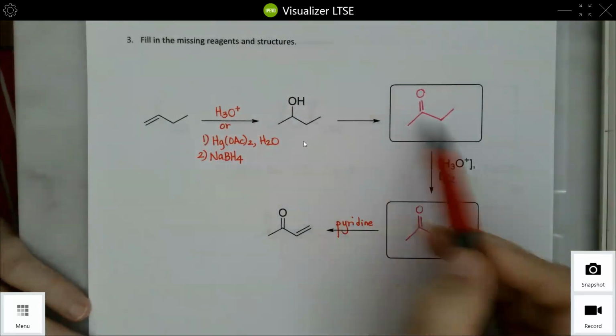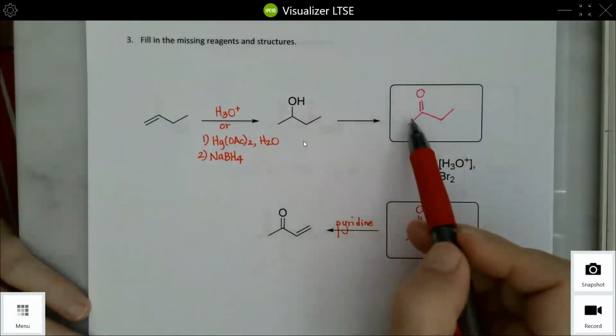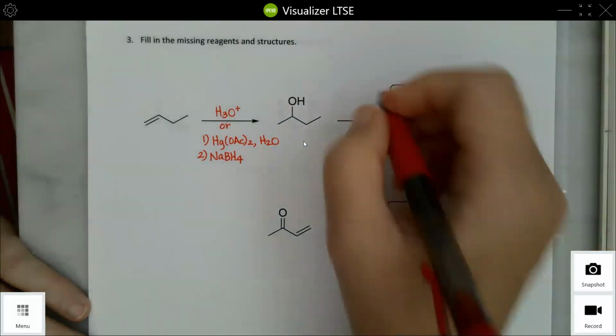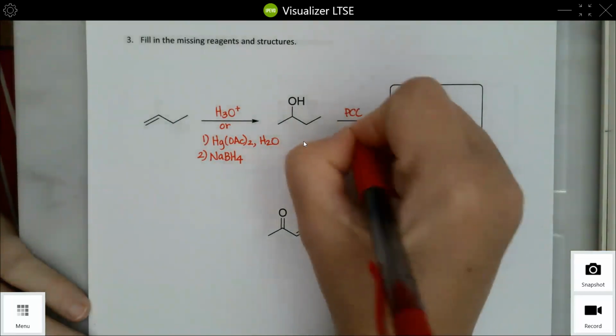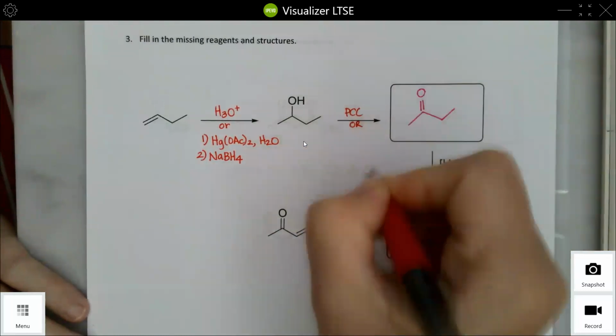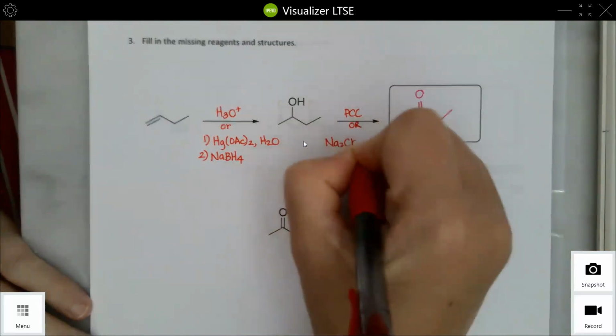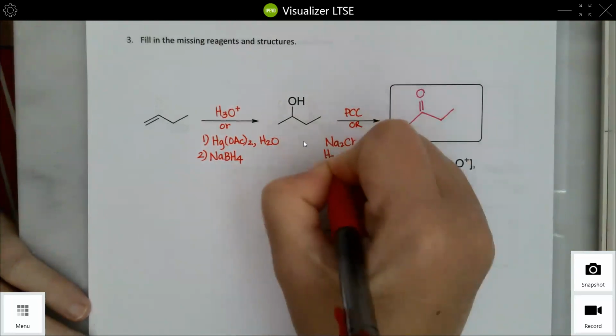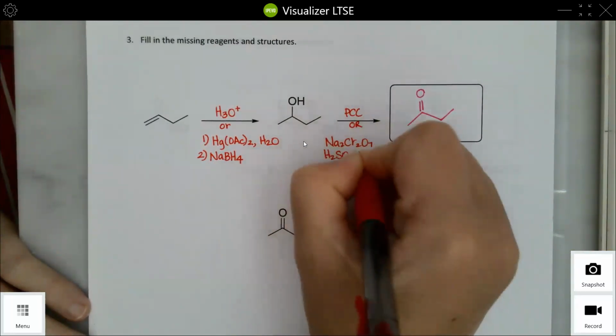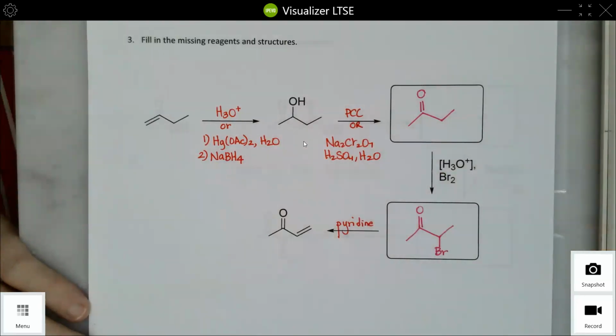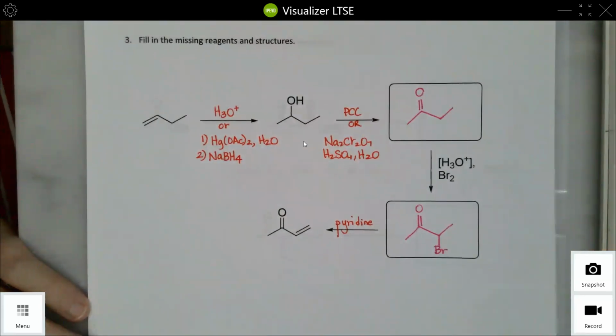And then this is an oxidation of a secondary alcohol to a ketone, right? So we could use PCC, or we could use the stronger oxidizing conditions, which would work for that as well.